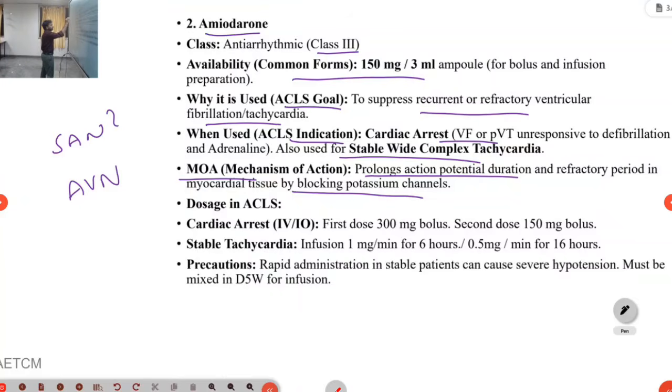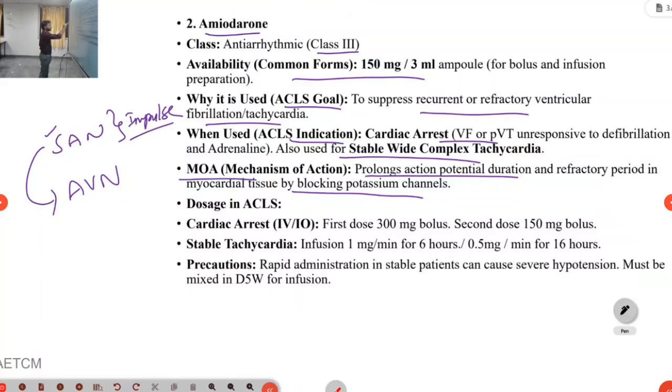We know already that the SA node is the natural pacemaker of the heart, where the impulse is generated, and it then travels through the AV node.